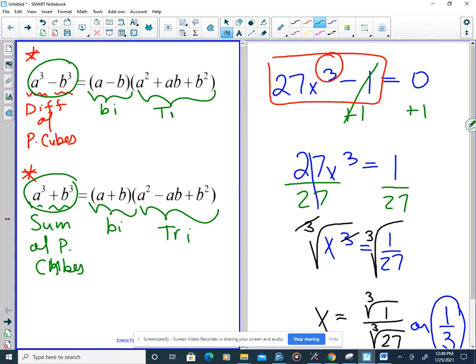The only thing that's different about these 2 expressions is the signs. All the letters are the same. The binomial has a and b on both of them. The trinomial has a squared first, and then ab in the middle, and then b squared.